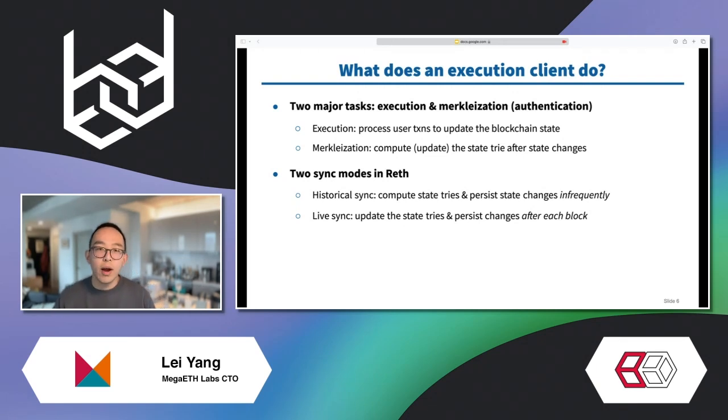In this mode, Reth uses large batches and only updates the state trie after processing a large number of blocks. The other is live sync, which people use when the client is already synced up and wants to keep track of the chain tip. In this mode, Reth updates the state and also the state Merkle trie after every block, so the batch size is 1.